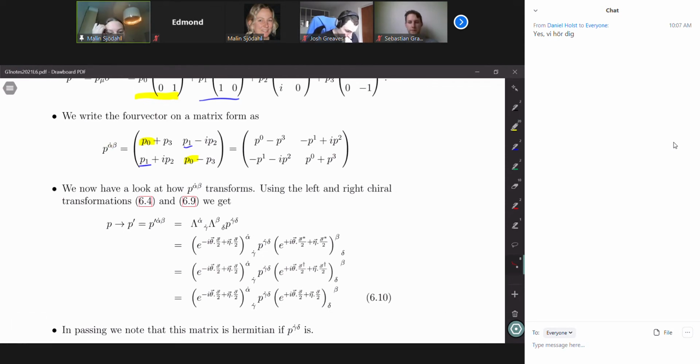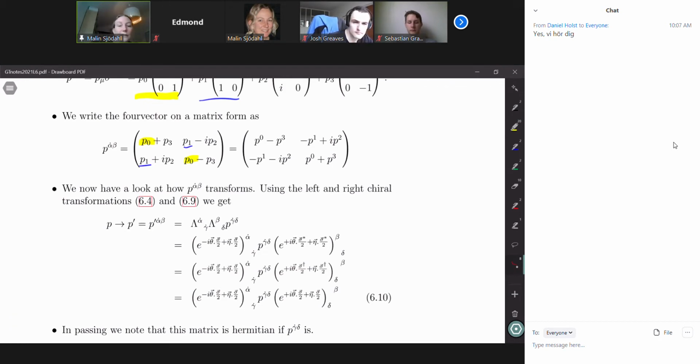So let's transform this P alpha dot beta as we normally transform tensors. That is, we have one transformation matrix for each index. So acting on the first index gamma dot, we have lambda alpha dot gamma dot, and on the second index delta, we have lambda beta delta.